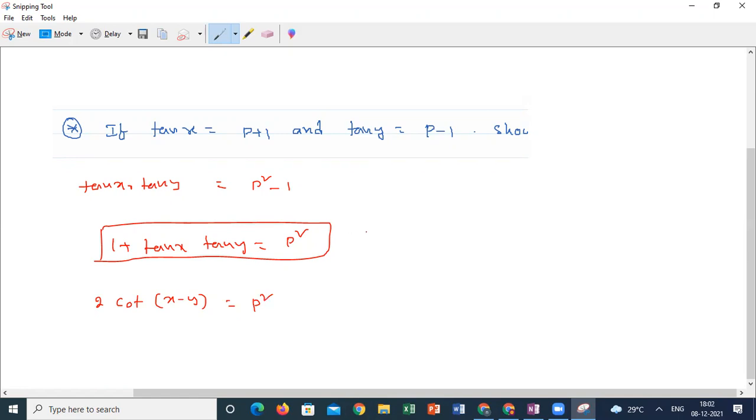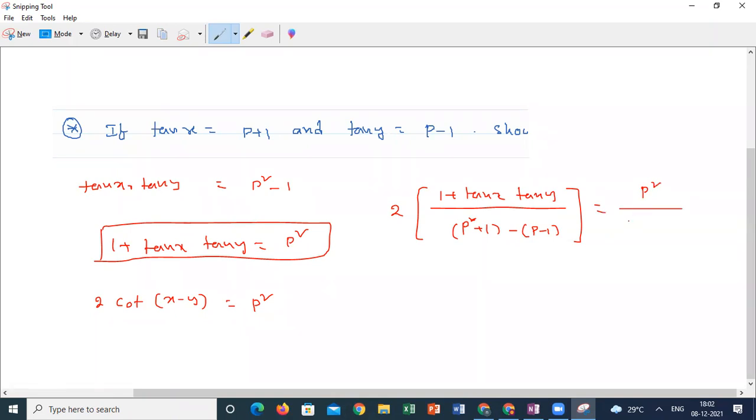Simple. 1 plus tan x tan y divided with p square, sorry, p plus 1 minus p minus 1 into 2 will be equal to this side p square by how much?